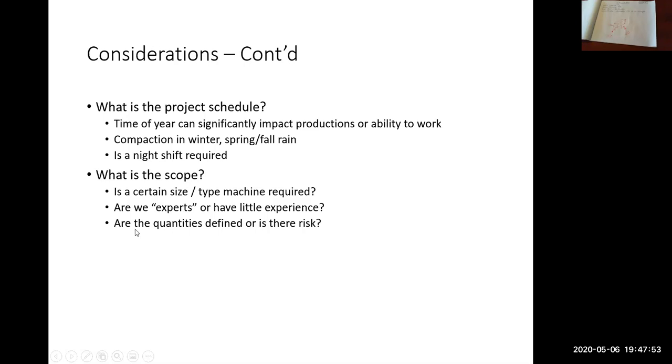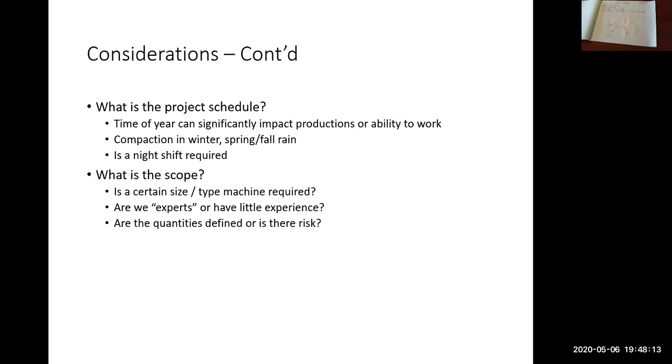So the last one there, are quantities defined or is there risk? So what does that mean? So in previous classes, we looked at example tenders where we looked at a unit price contract where the tender gave you quantities for all the different items.